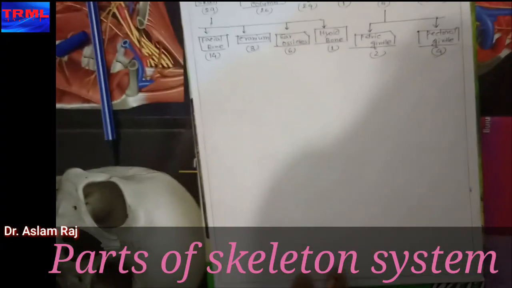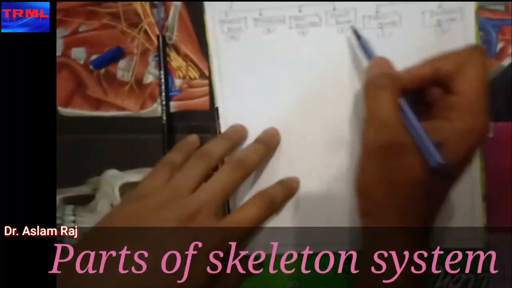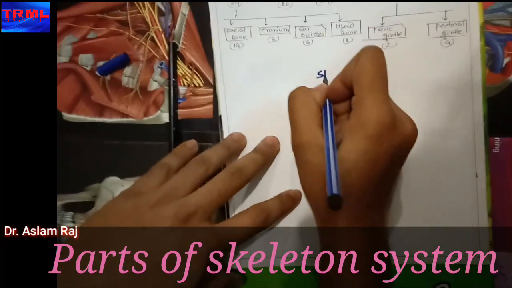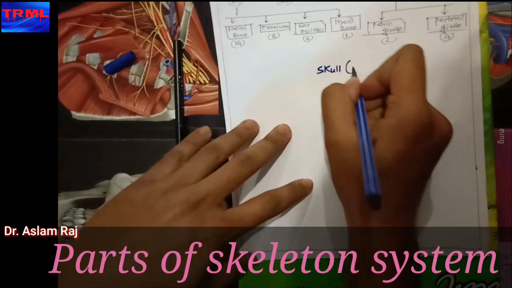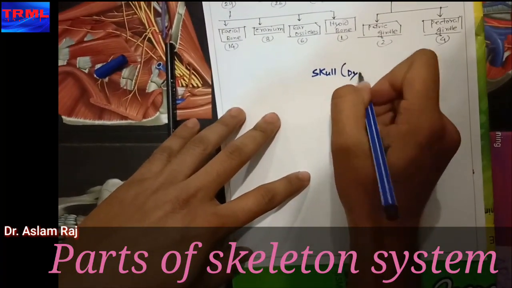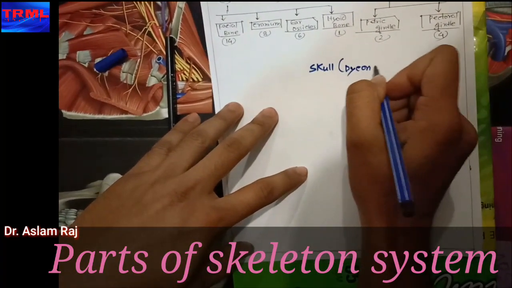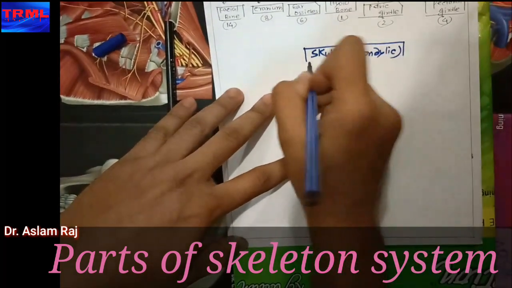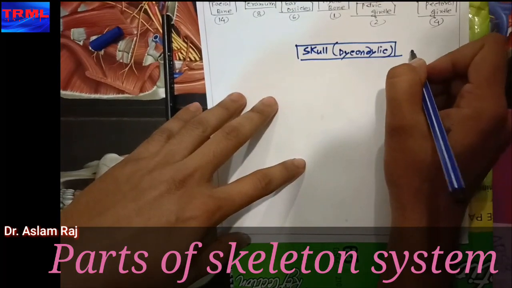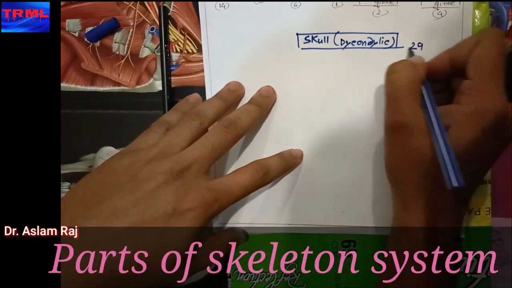Then we also discuss here about the skull. First we should write here skull. This is dicondylic. We see here the total number of bones in the skull is 29.